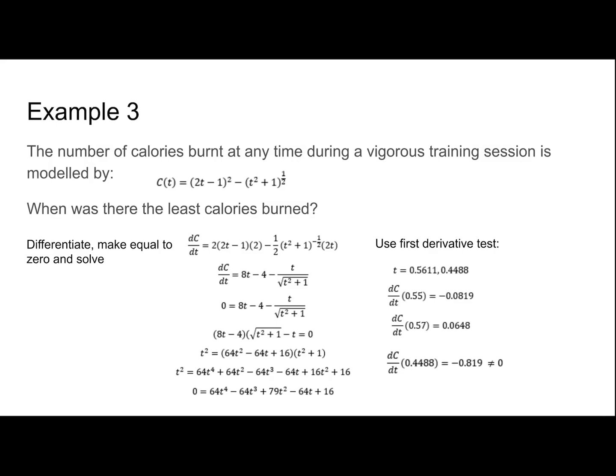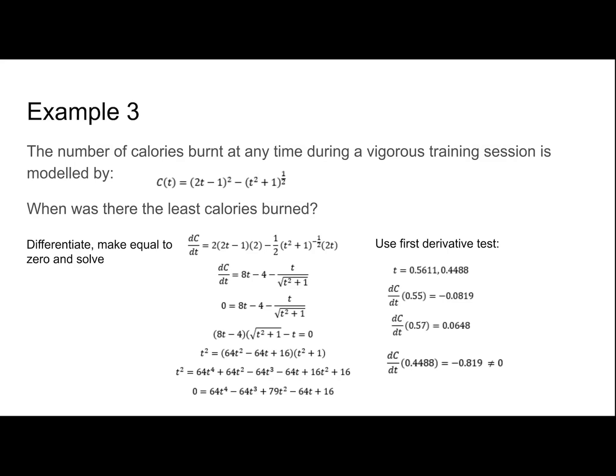In this case, if we substitute 0.55 into our derivative, we'll get negative 0.0819. That means the graph was decreasing when t equals 0.55; the amount of calories was decreasing.